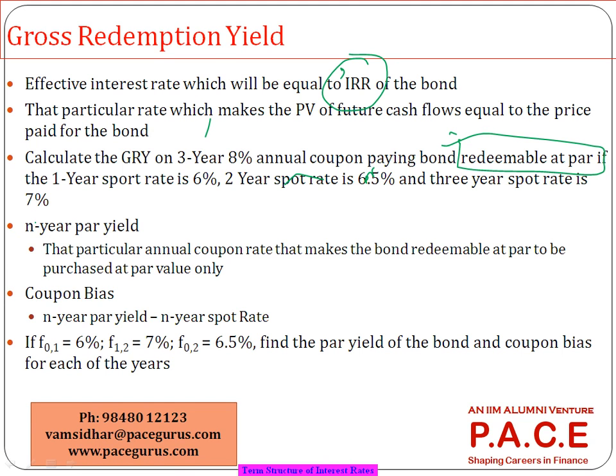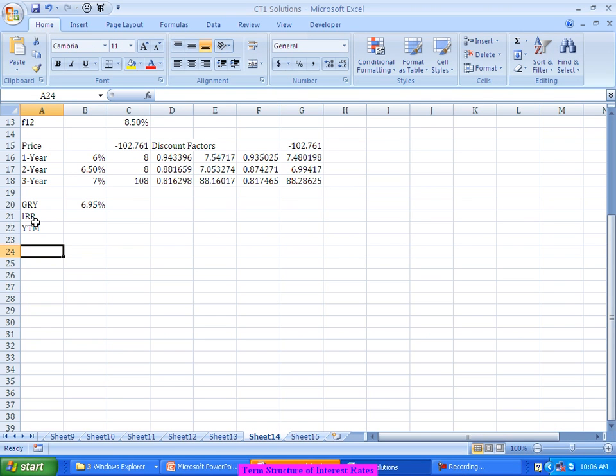Then on the same lines, we also talk about what is called an N year par yield for the bond. In the same example, if I have to talk about N year par yield, what does that mean? Here I will not change, I will set this to 100 only.